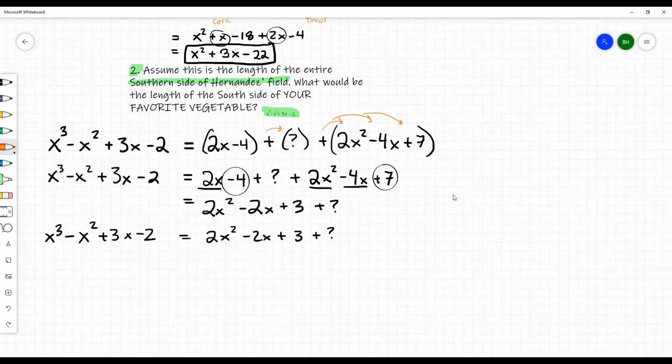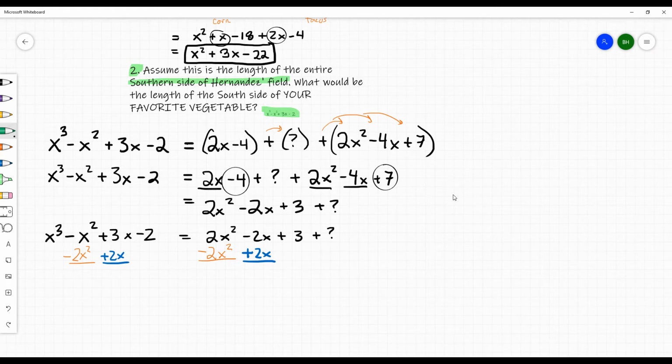Okay. So if this is the full length, we are going to subtract out what we have here and then figure out to ourselves what is it that is equal to this remaining polynomial. So I'm going to subtract this 2x squared, the whole thing, with its counterpart here, 2x squared. Now while we're at it, I'm also going to add 2x to get rid of that.